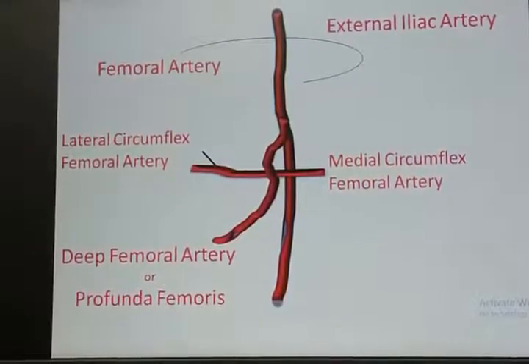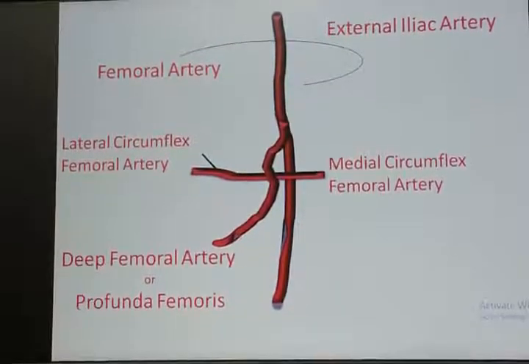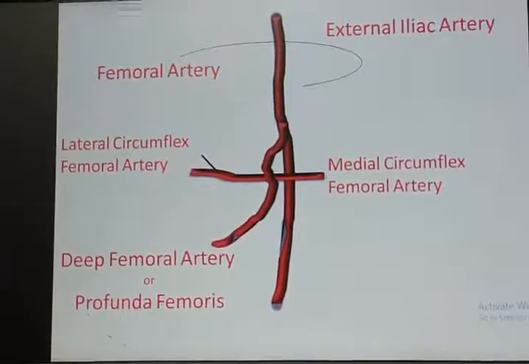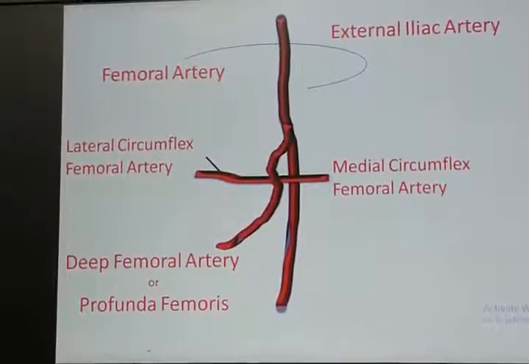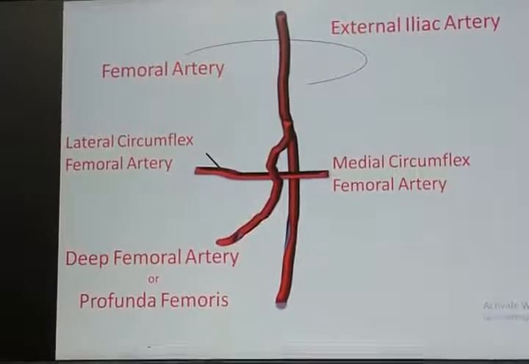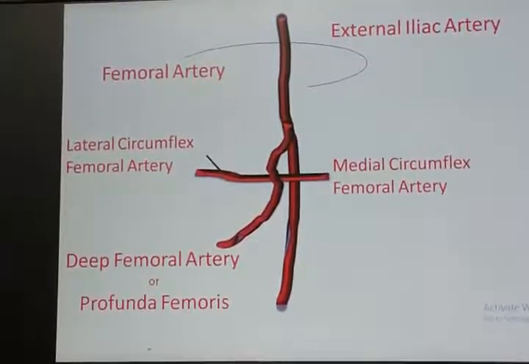This is about the femoral artery, and the femoral artery is a continuation of the external iliac artery. It enters the femoral triangle behind the inguinal ligament, midway between the anterior superior iliac spine and symphysis pubis.